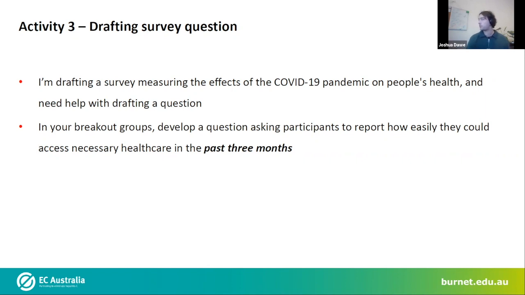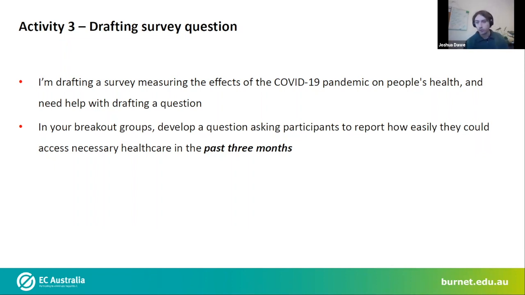I have a hypothetical survey which is looking at measuring the effect of COVID-19 on people's health. One of the specific questions I'm looking to write asks people to report how easily they could access healthcare in the past 3 months. You can do this question any way you like in your breakout rooms.